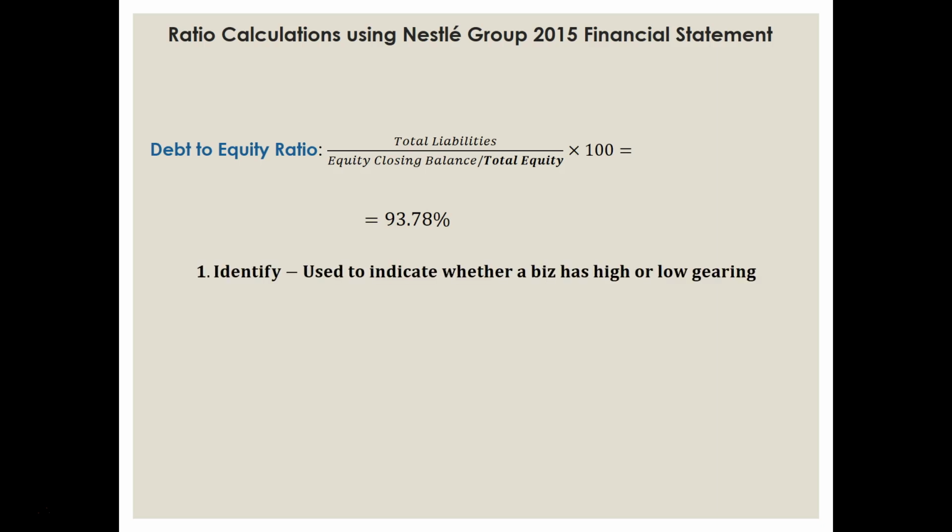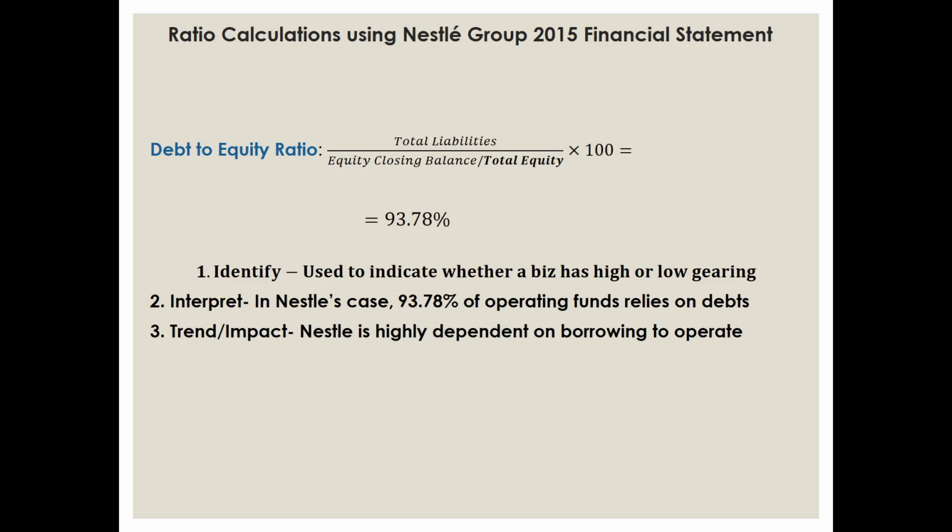So first thing again, identify. Second thing is, here you can see that Nestle uses a high percentage of funds on debts. So a lot of their funds are dependent on their debts. So this is not actually a very good thing, because it means Nestle has to depend on their borrowing.